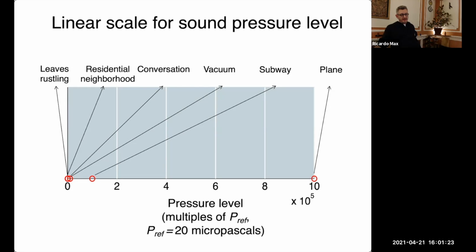The difference between what we perceive as a much louder sound multiplies itself, you'll see soon, by very large numbers. Most of the sounds that we perceive in our day-to-day, in order for us to depict everything in one graph, would all be squeezed in the beginning here.